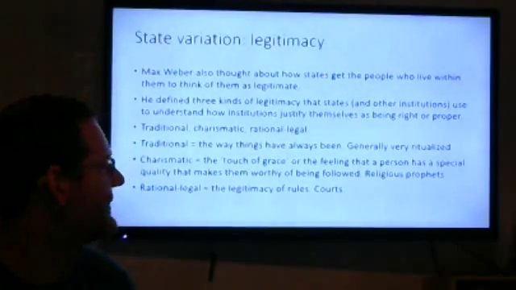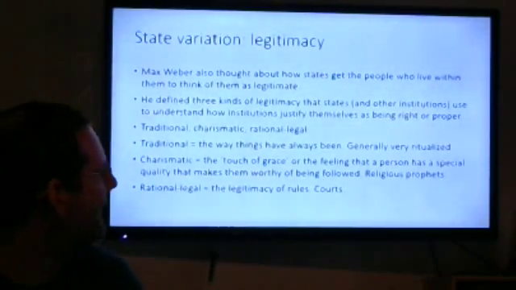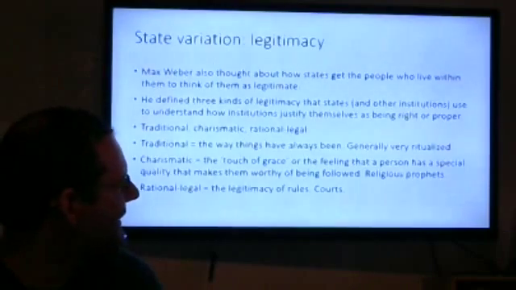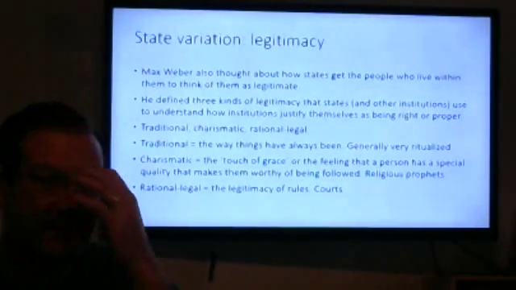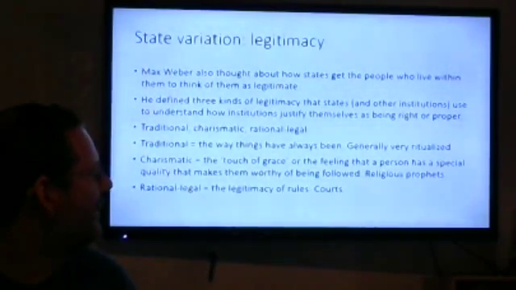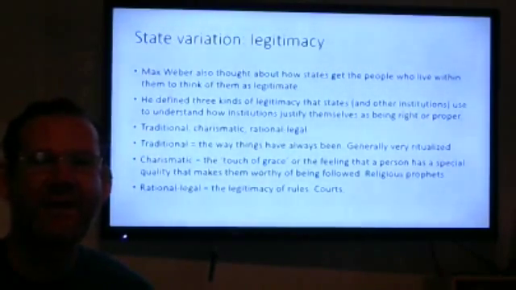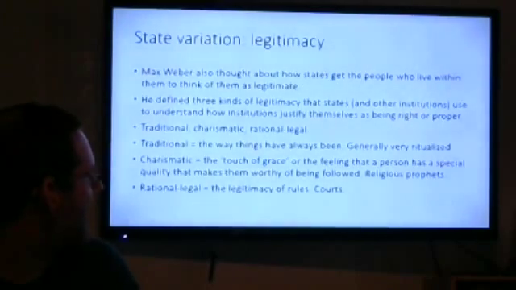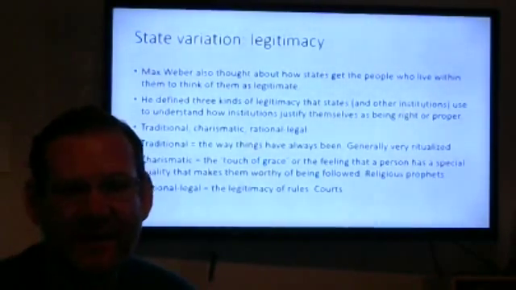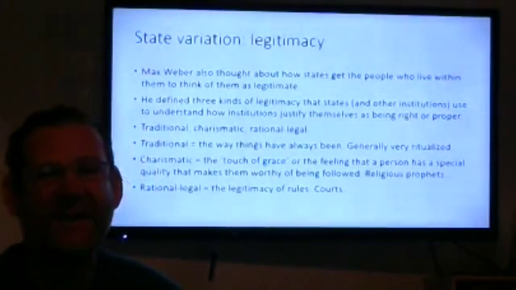Okay, so that's all we mean by legitimacy. And Max Weber defined 3 types of legitimacy that states and other institutions use in order to make themselves seen as right or proper. These 3 types of legitimacy are traditional, charismatic, and rational legal.